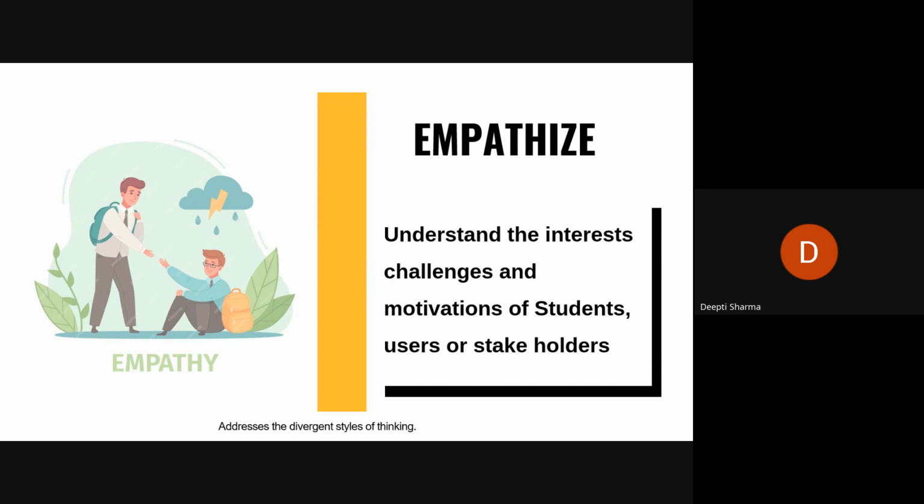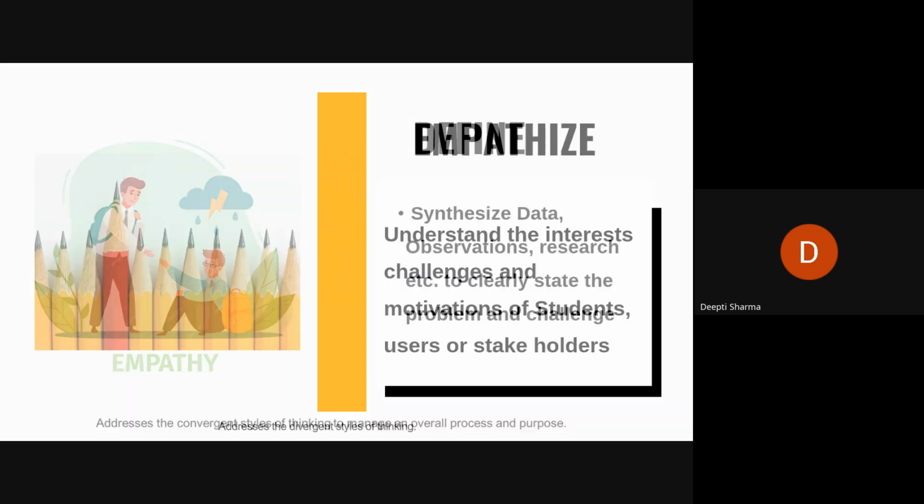So each and every faculty member of a higher education institution must empathize with their students, must empathize with students' parents, and must empathize with the management perspective also. So human interaction as well as human understanding should be included in this first phase of design thinking.